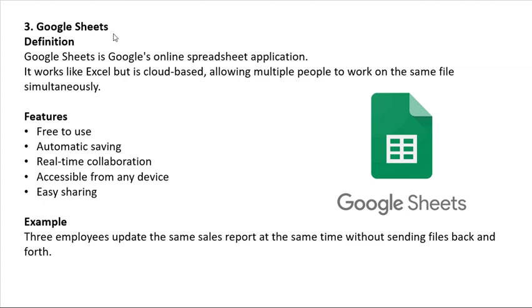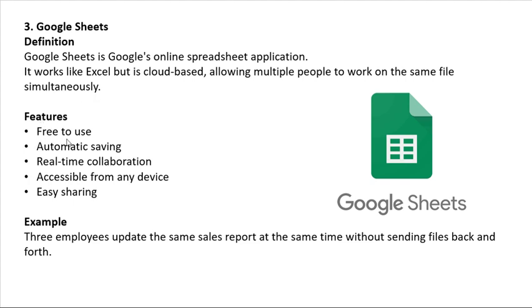Third is Google Sheets. Google Sheets is Google's online spreadsheet application, and it works like Excel but is cloud based, allowing multiple people to work on the same file simultaneously.